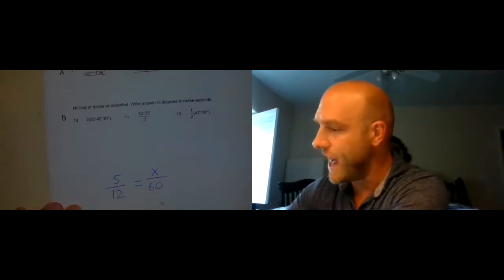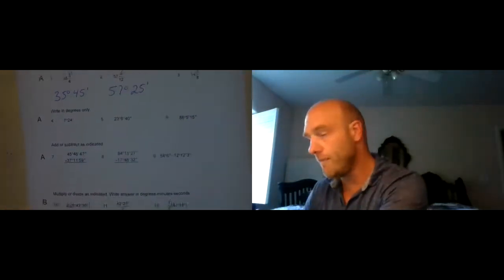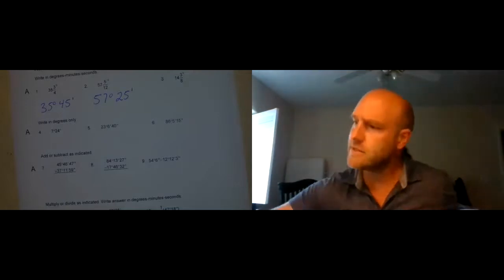So to go from 5 to x, I multiply by 5. 5 times 5 is 25. This is 25 minutes. And hopefully that seems to ring true. We know that 6/12 would be half of a degree. Oh yeah, half of 60 is 30, and this is a little bit less.